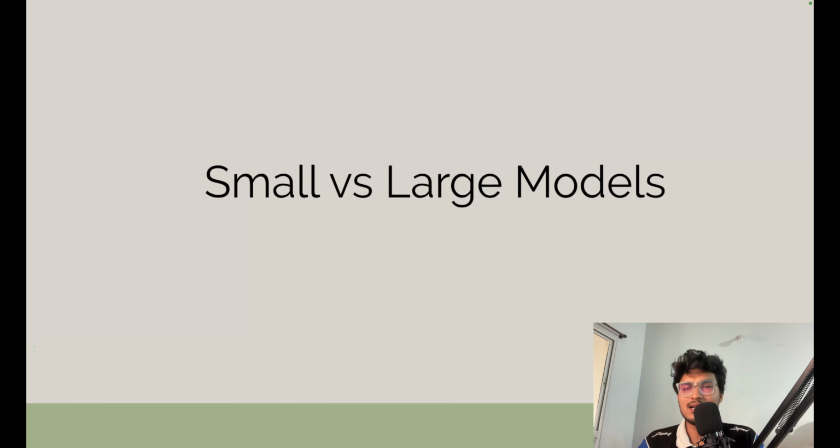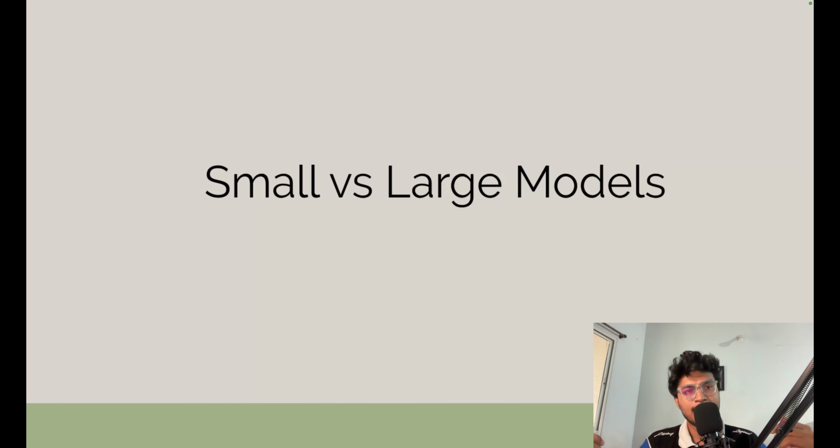Okay, not every task needs the biggest model. Some tasks can be done even by small models. And how are we comparing small and large? Is it just size? Size is one of the parameters, but generally we call it how many parameters it has been trained with, like 1 billion, 2 billion, 12 billion.